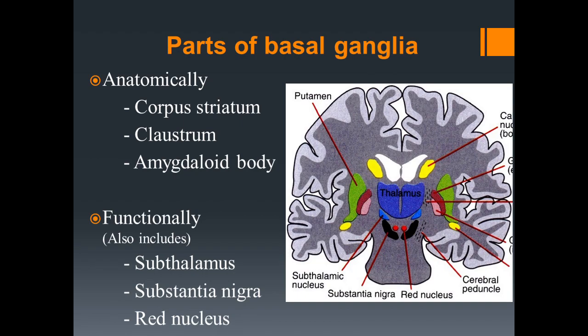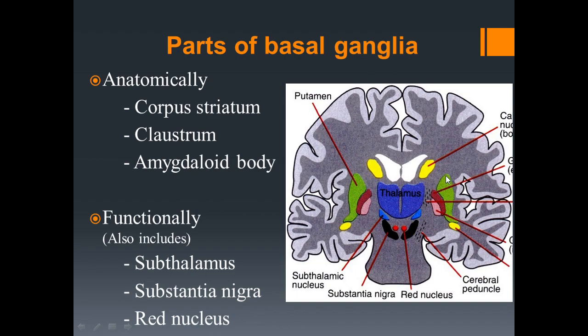We will see the details of these parts. Functionally, in addition to these three parts, it consists of the subthalamus or subthalamic nucleus, substantia nigra, and red nucleus.